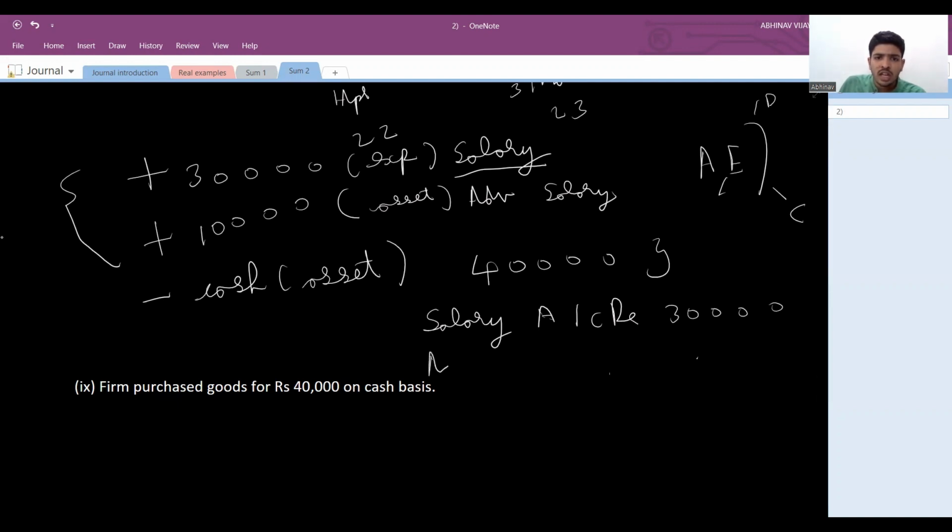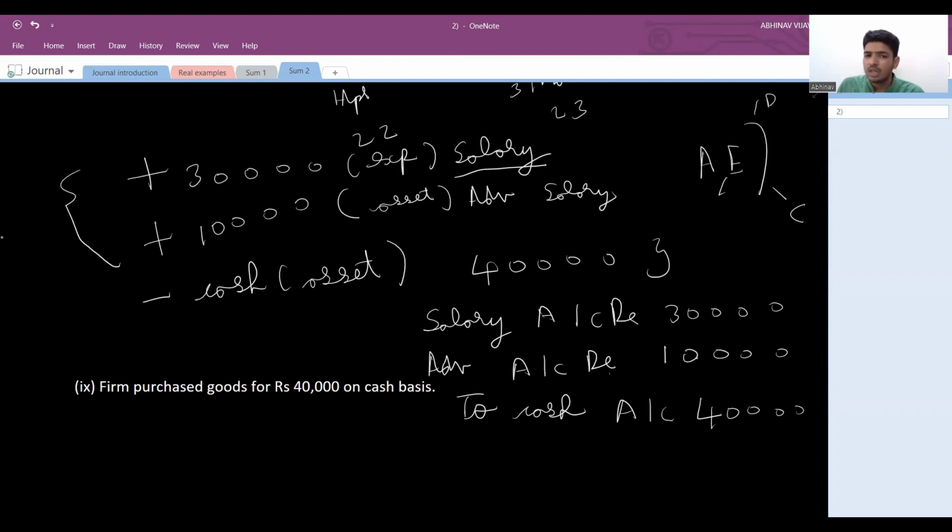Now, advance salary is also an asset. An asset also increases. You have to debit it 10,000 rupees. Then cash gets reduced. Cash is an asset. When an asset gets reduced, it will be credited. The format for credit is, after the debit entry, you have to write 'to' the account name and the amount, which is in the logic.